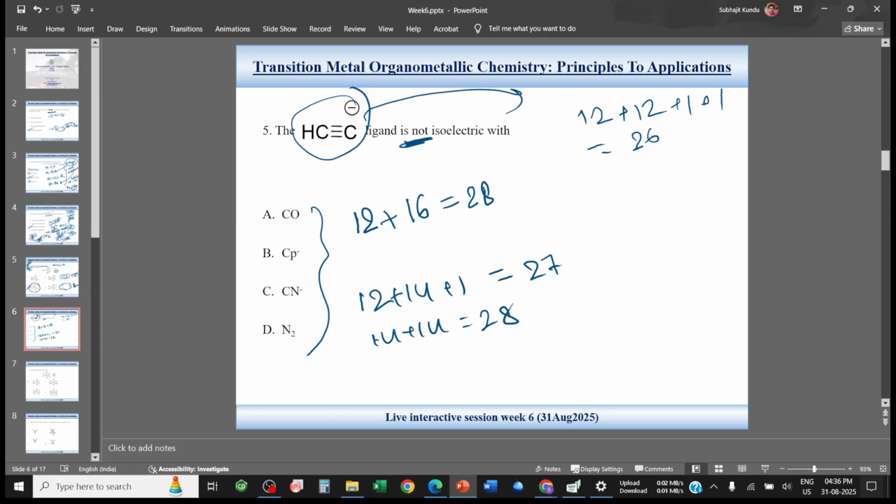So it should be option B maybe. Yes, option B.